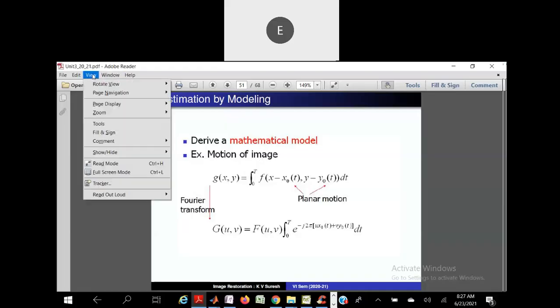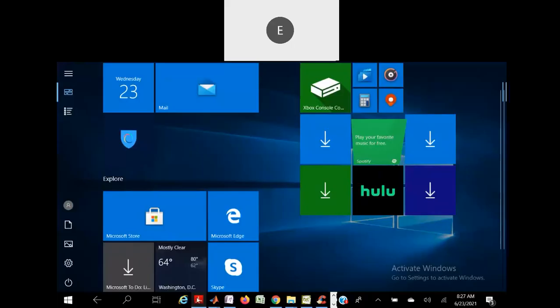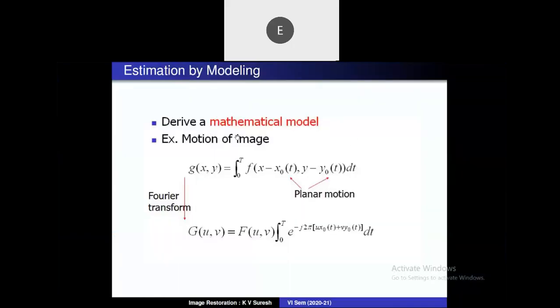So in such cases, what happens is, you are capturing the image where the image pixels are shifted. That means your original image gets shifted because of motion, as you can see.